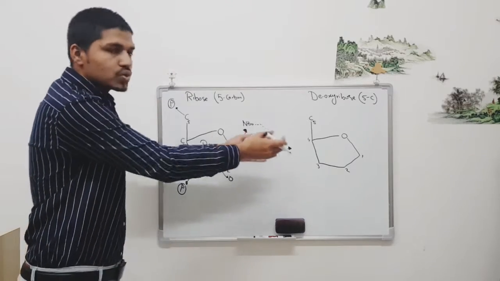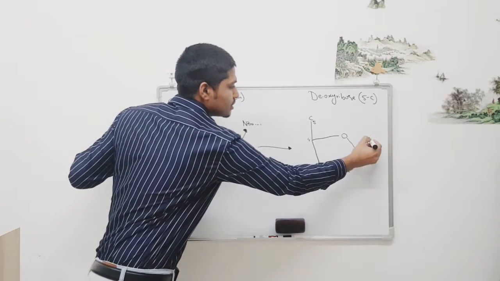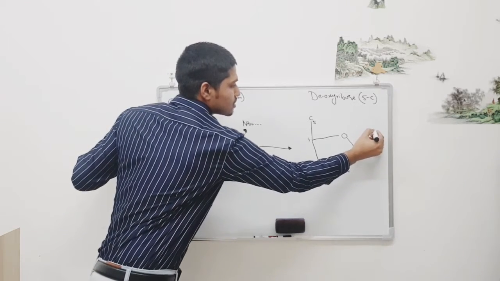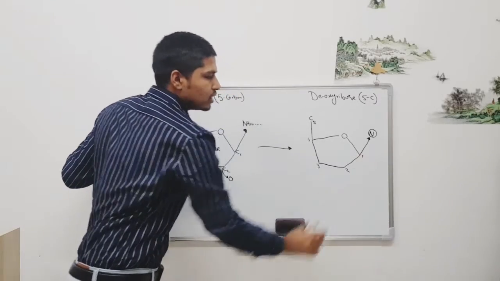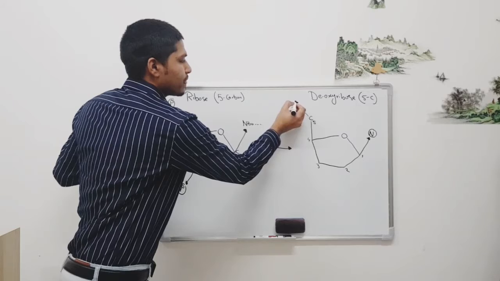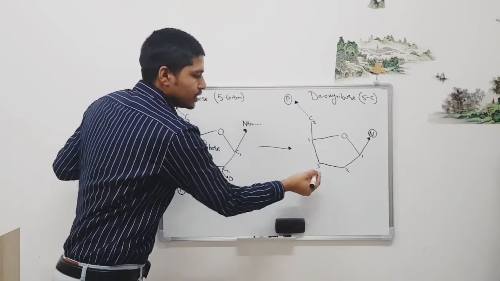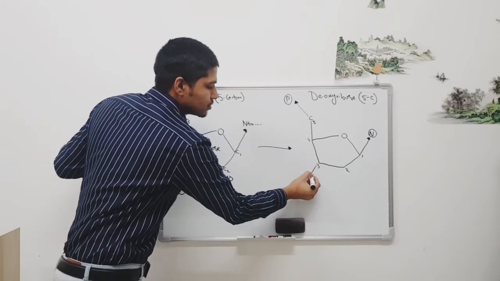The same goes for the deoxyribose: the nitrogenous base attaches to carbon number 1, and the phosphate molecule can attach either on carbon number 5 or on carbon number 3.